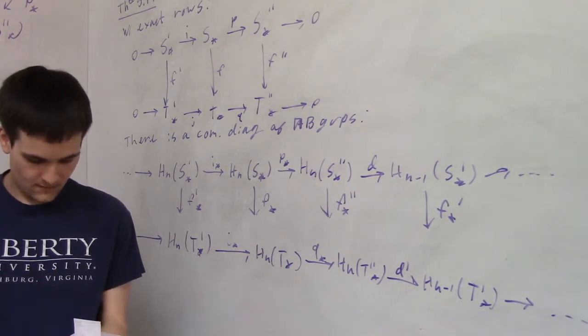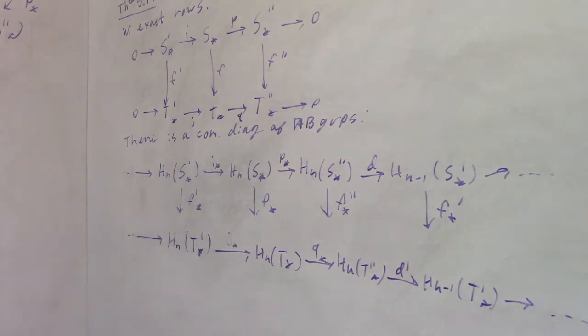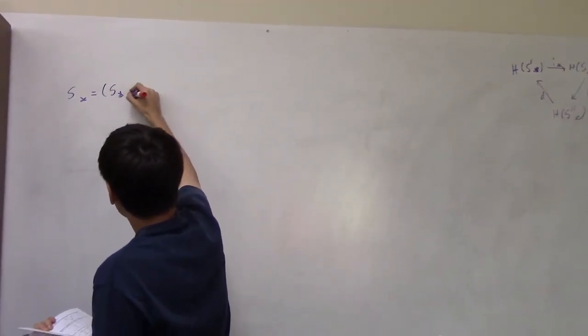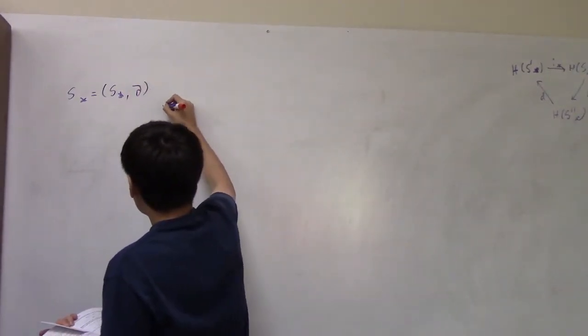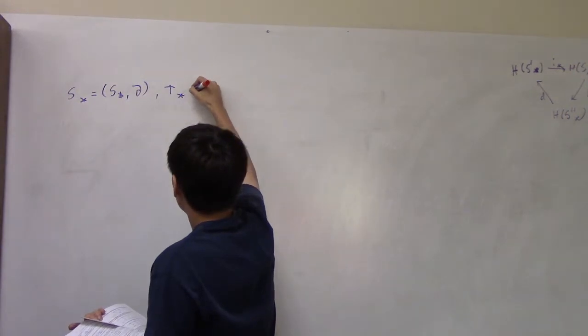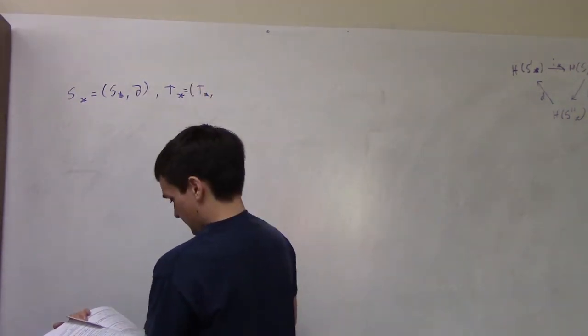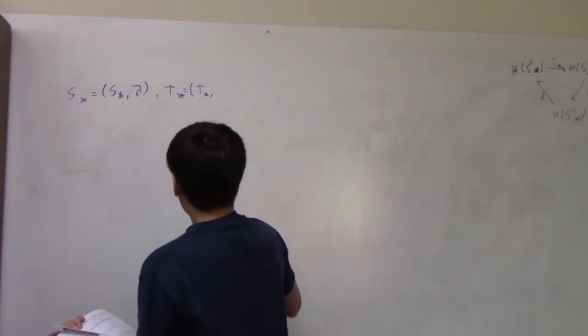So how they do that, just to use some notation, this is going to be our first complex, the one on top, S star comma partial, and our second one is just T star comma, oh, look at that.